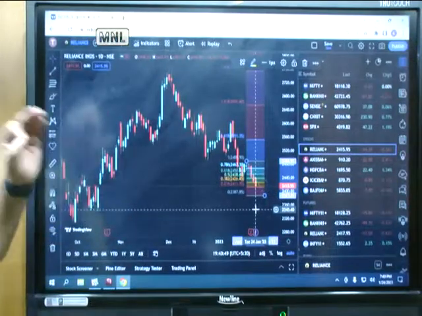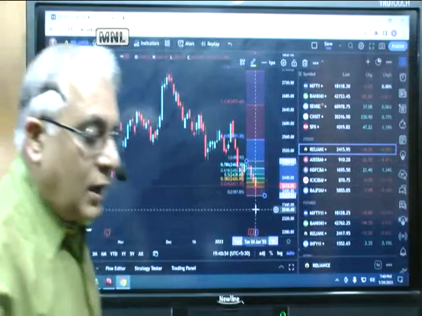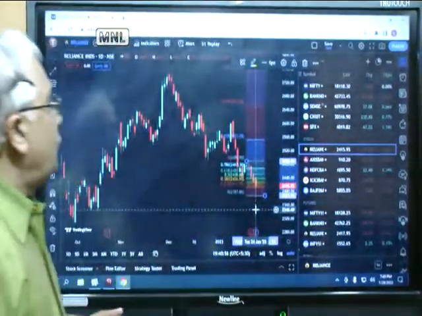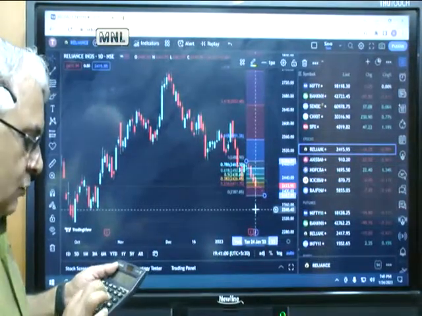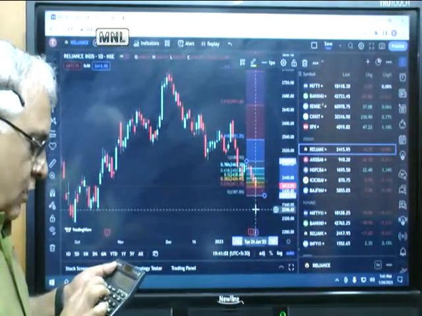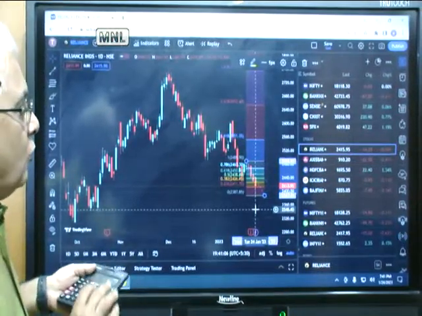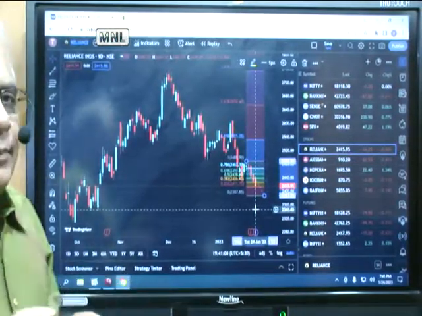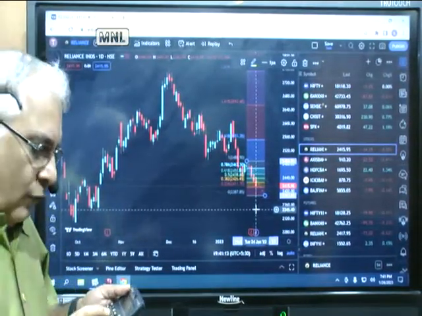So based on this 2443, 2387 and 2415, let us look at what is the S1 for this. Now PP and S1: 2443 plus 2387 plus 2415 divided by 3 is 2415. It has closed exactly at the pivot point. So let us look at the S1 for this.